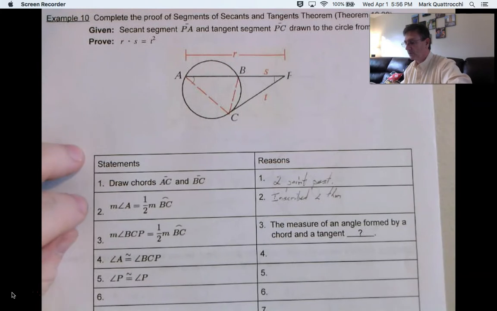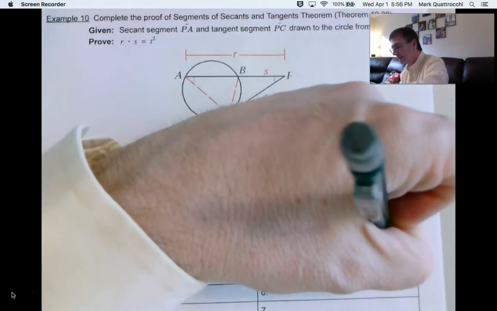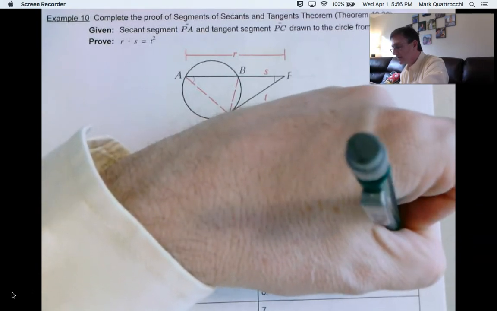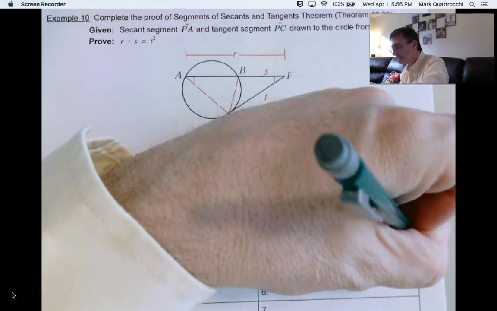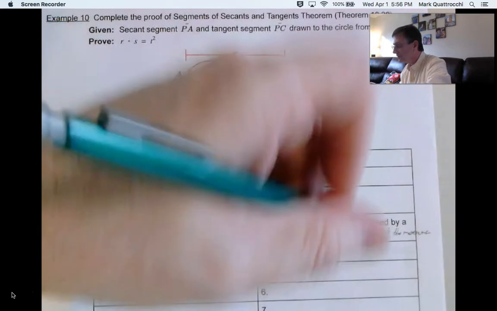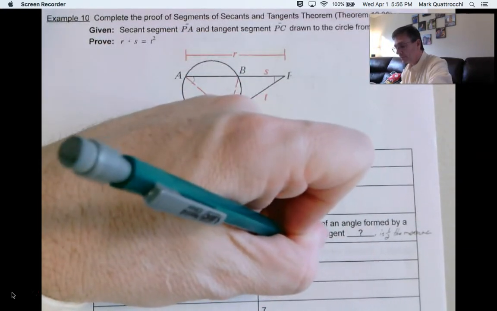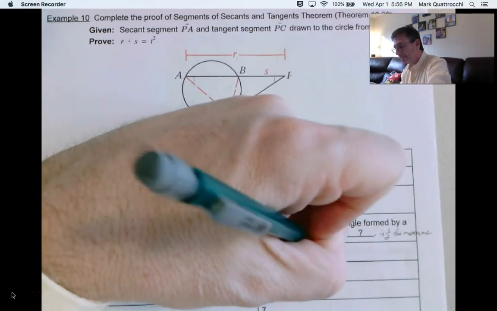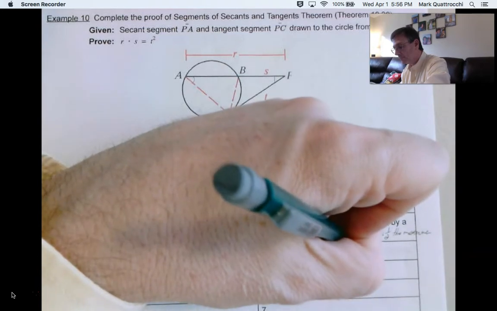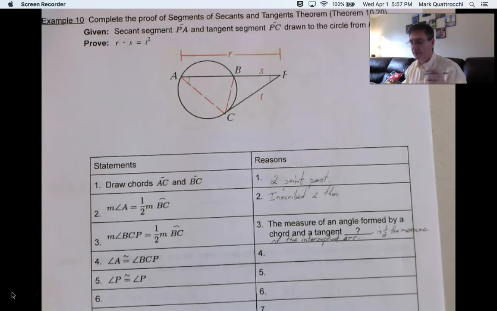The measure of an angle formed by a chord and a tangent is half the measure of the intercepted arc. Okay, another one of our theorems.